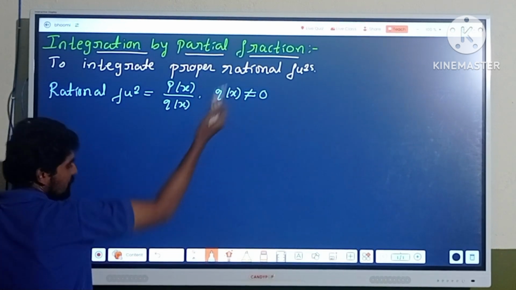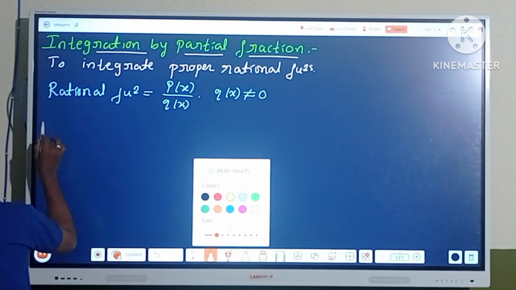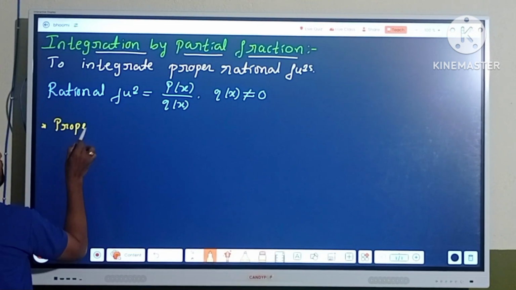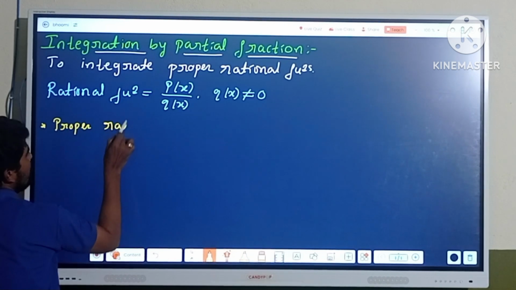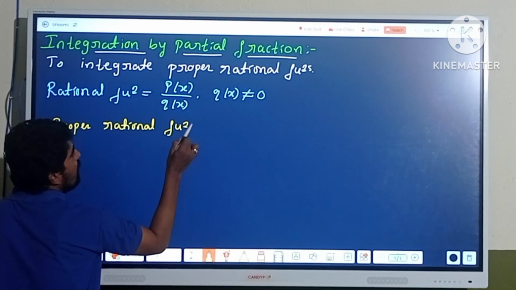Now what is meant by proper rational functions?